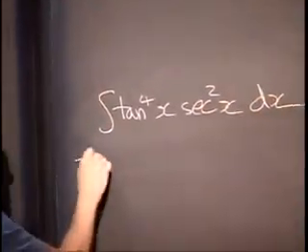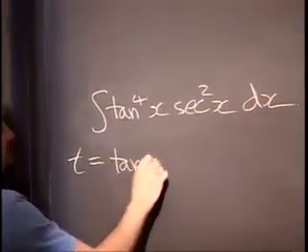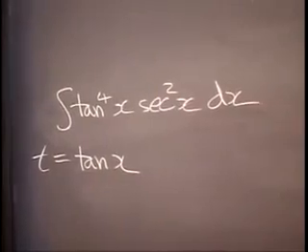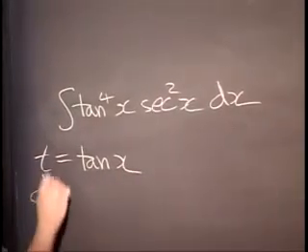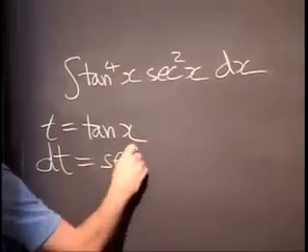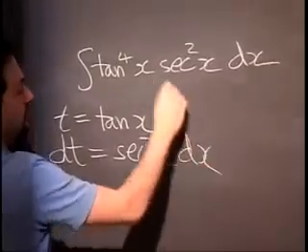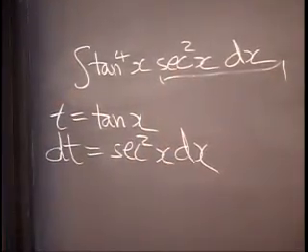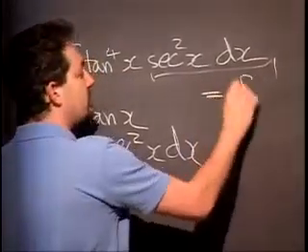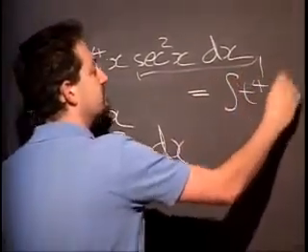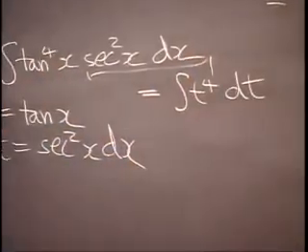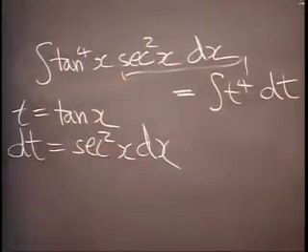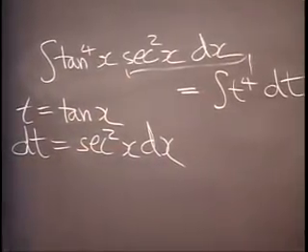Let t be tan x. That's specified in my process above. dt is secant squared x dx. And guess what? We have that sitting right there. So this is just equal to t to the 4th dt. Tan to the 4th, t to the 4th, secant squared x dx is dt.